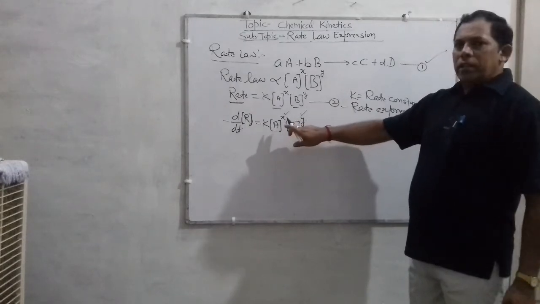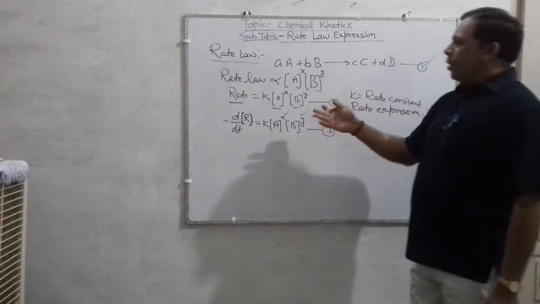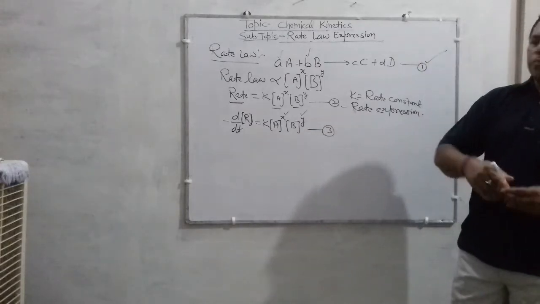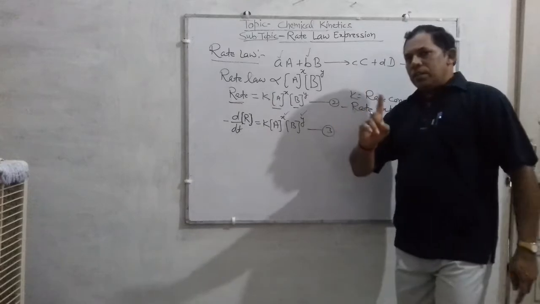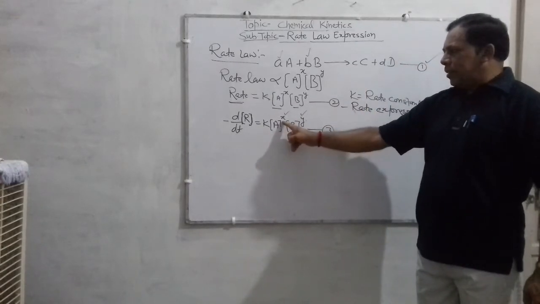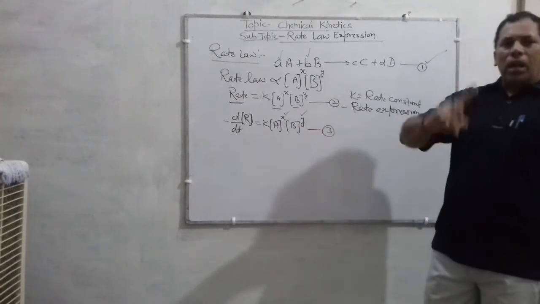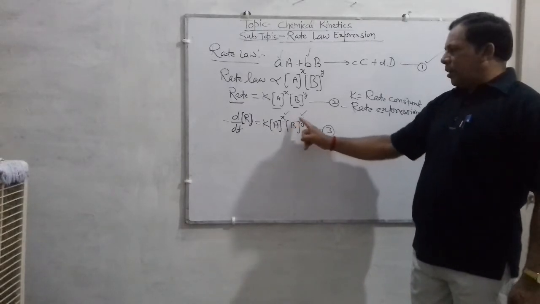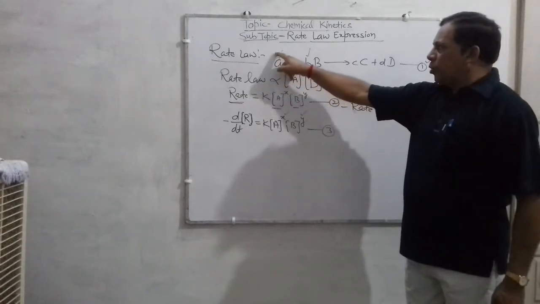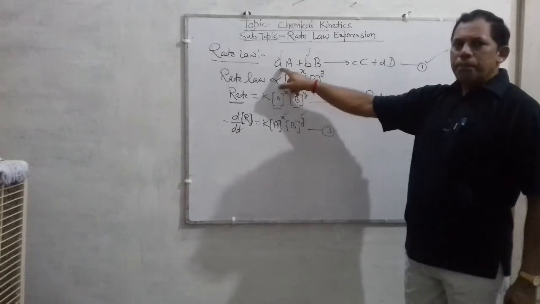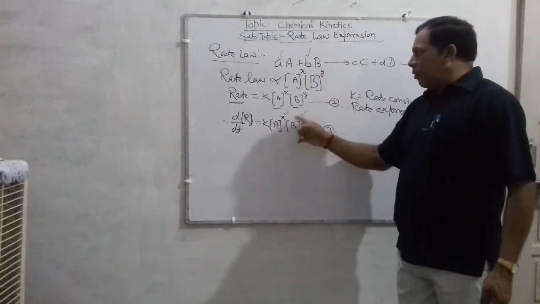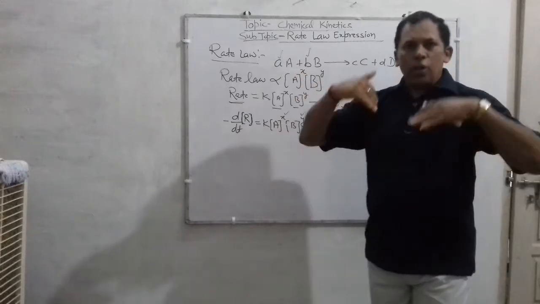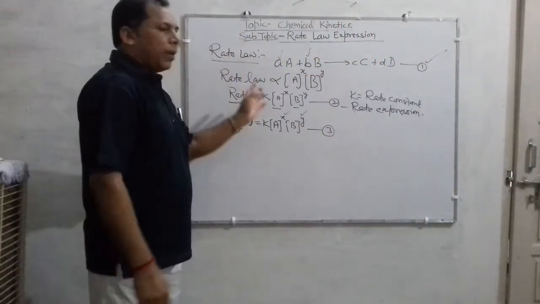The exponents x and y may or may not be equal to the stoichiometric coefficients of reactants A and B. They may be equal, and may not be equal, means both conditions are possible here.